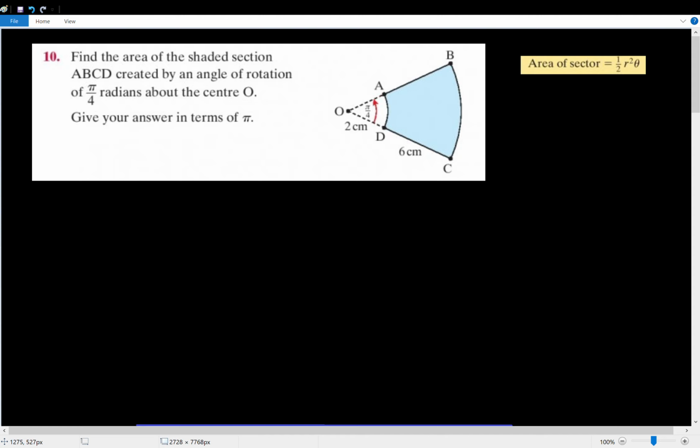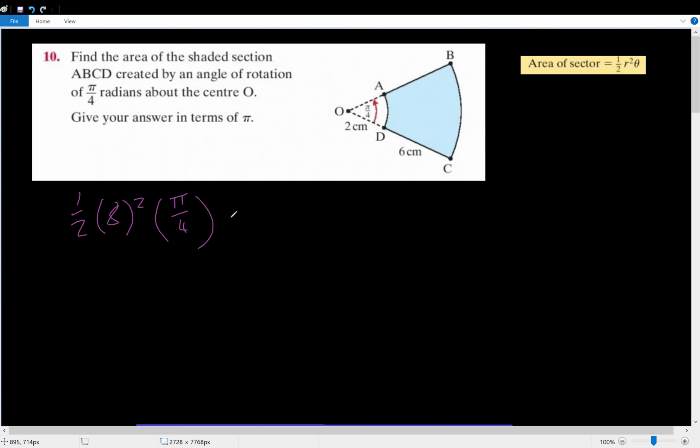So the area of the large sector, the whole thing, we're going to use this formula over here. It's 1/2 r squared theta, where theta is the angle in radians at the center. The large sector has a radius of 8 because it's the radius of 2 plus 6. So the area of that is going to be 1/2 by 8 squared by pi over 4.